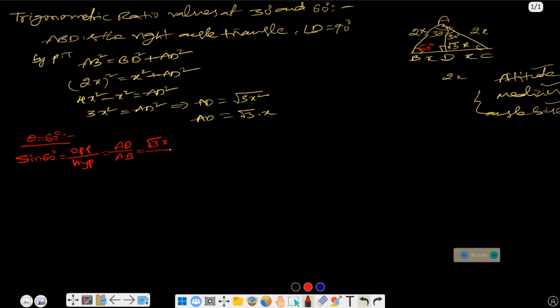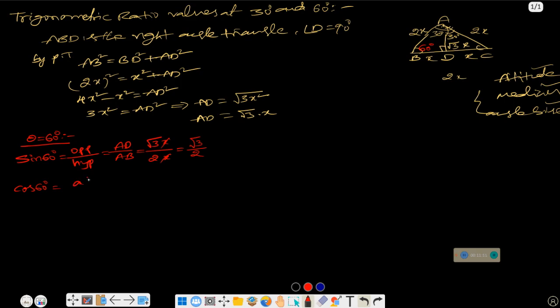Root 3x, by AB value. AB means 2x. So x cancels, what do you get? Root 3 by 2. So what is the sin 60 value? Root 3 by 2.